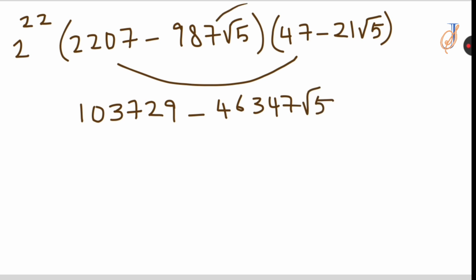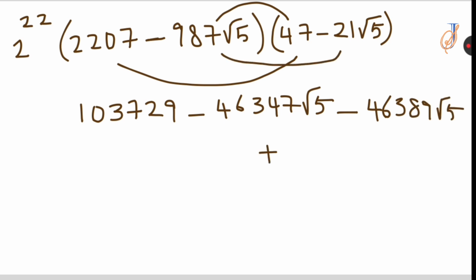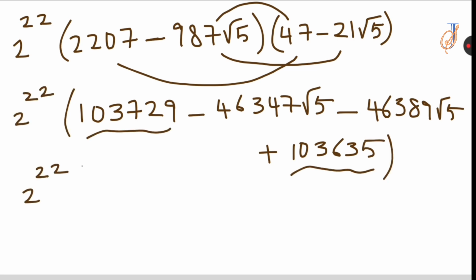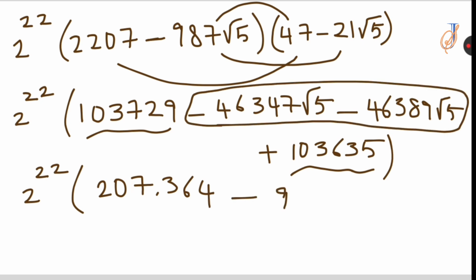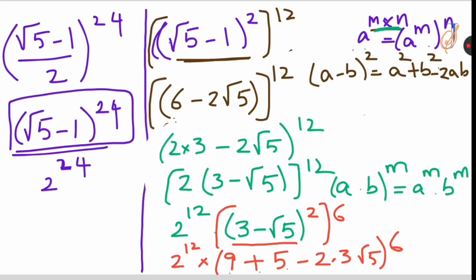Then you expand this one, then you will get 46,389 root 5 plus 987 times 21 times root 5 times root 5, which gives 103,635. After adding this and this, then you will get 207,364 minus, after adding these two, 92,736 root 5. So this is the numerator value.